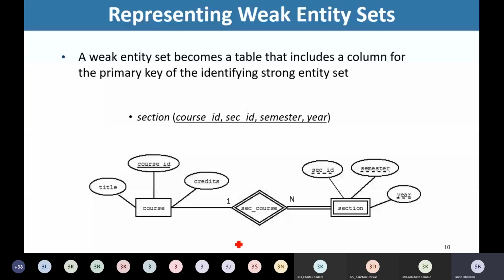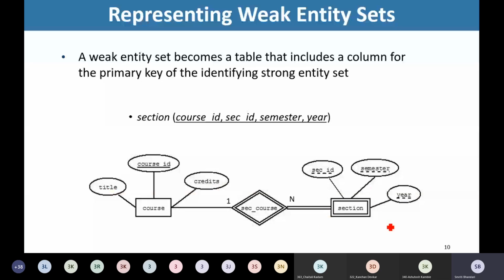So if we want to represent this in a tabular form, then how are we going to convert this ER model into a tabular form? See, as course is the strong entity set, we will be having a separate table to store this data related to course. So I'll be having a separate table course with 3 attributes: course ID, title and credits.